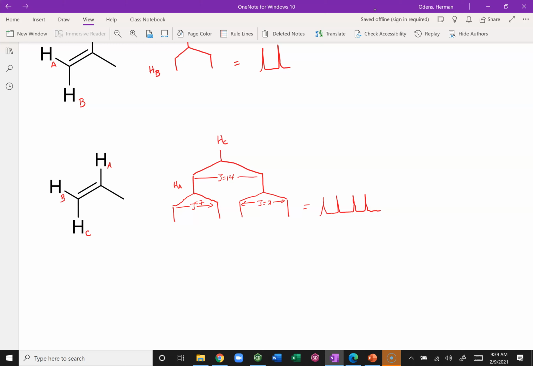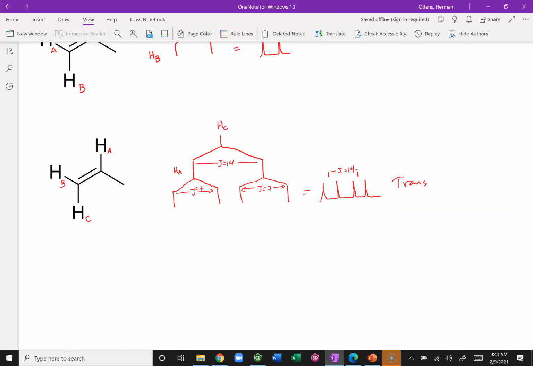And the difference, if you average from here to here, that J coupling will be equal to 14. Half of those two doublets, that's where you're going to measure that J coupling. So you know that this is screaming trans. This is a trans signal from the HC to the HA. All right? Now let's take a look at the HB signal, which is similar.